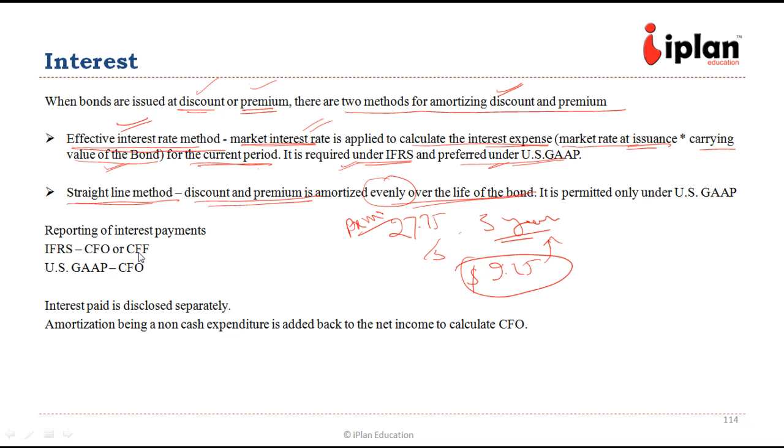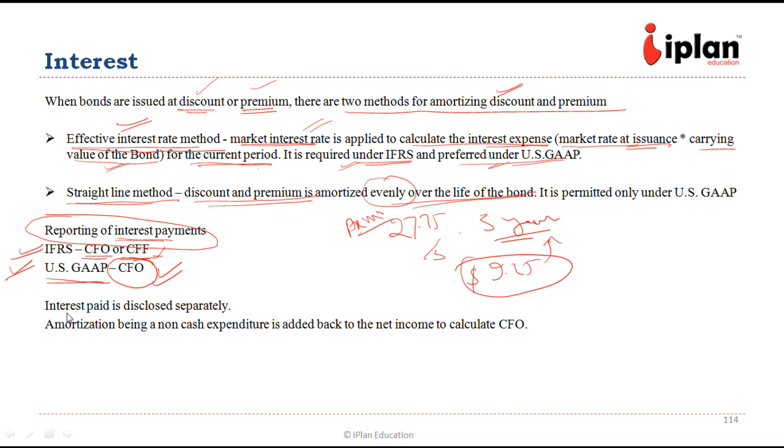Now let us look at the reporting of these interest payments. Under IFRS, the interest payments can be reported as cash flow from operating activities or cash flow from financing activities. But as we know, in US GAAP the interest payments are categorized as cash flow from operating activities, so they have to be reported accordingly.